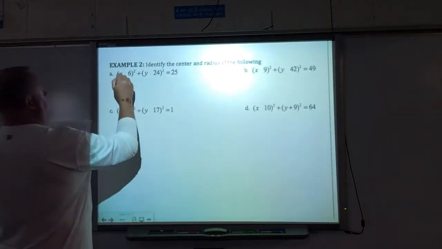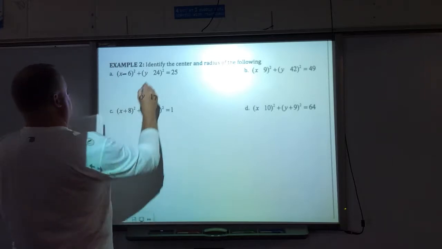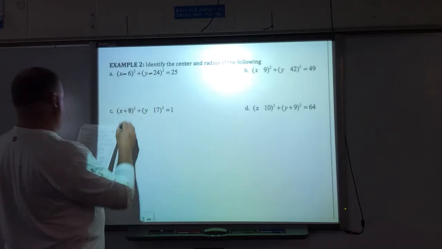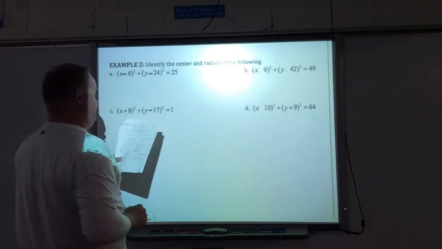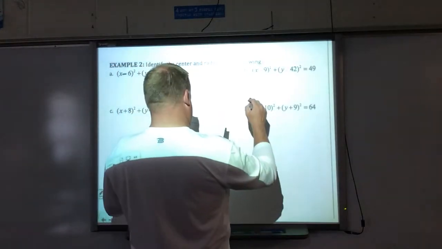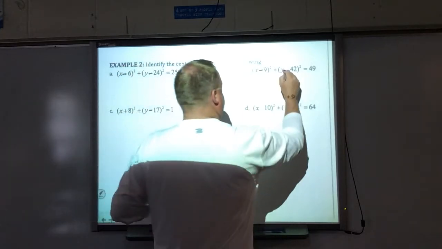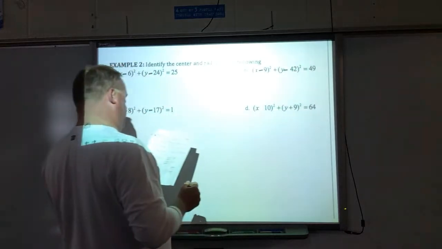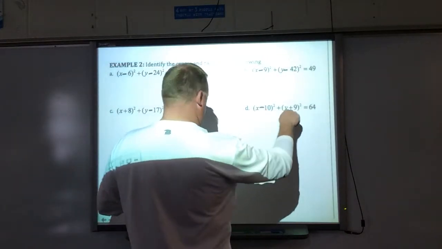So in here, this should be -6. This is going to be -24, x plus 8 on the bottom, y minus 17. And this one is going to be x minus 9, y minus 42, or x minus 10, and the y was plus 9.